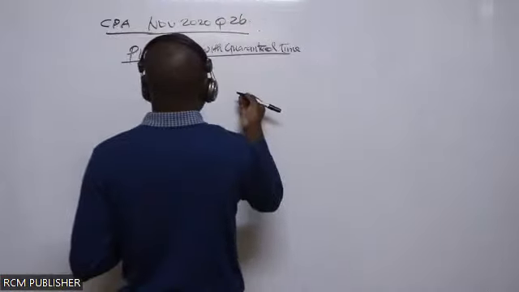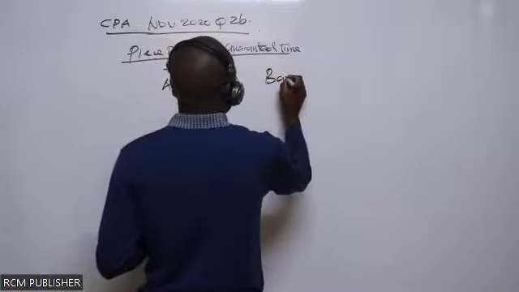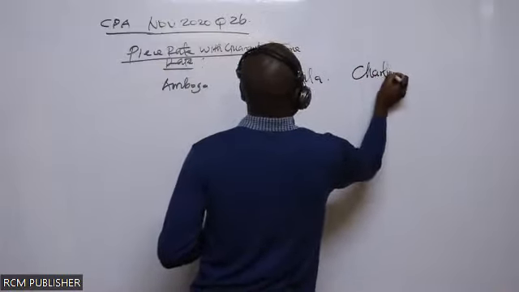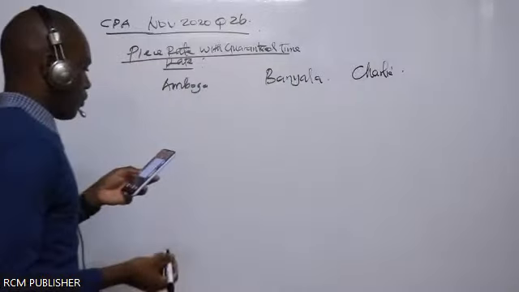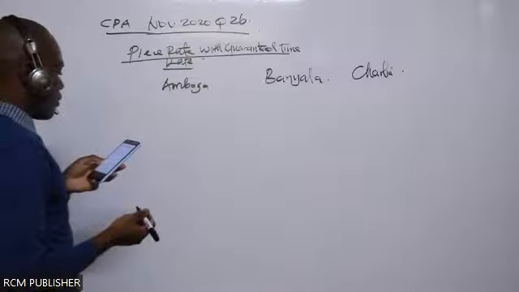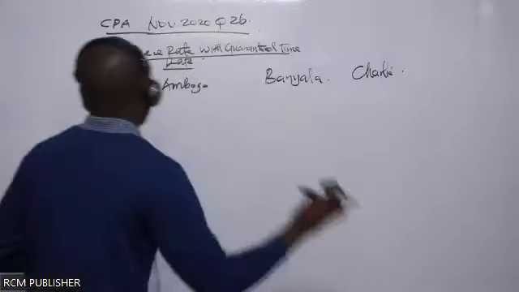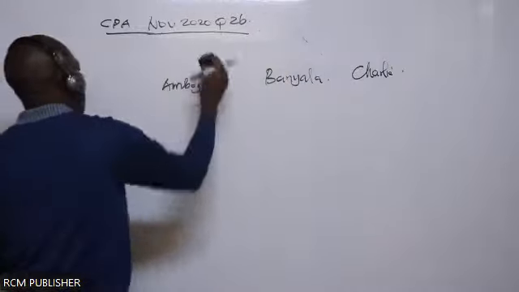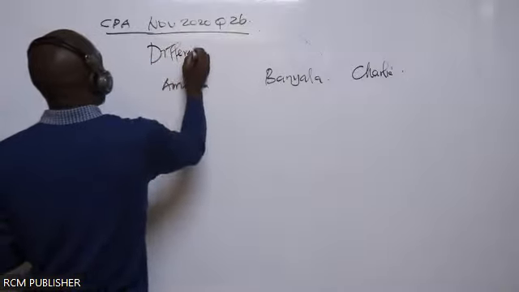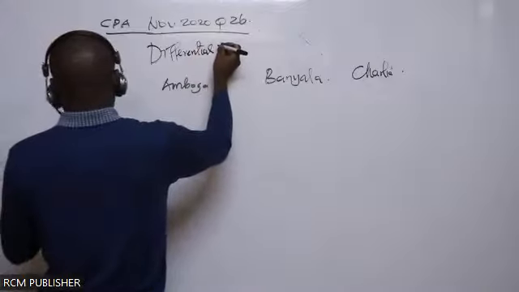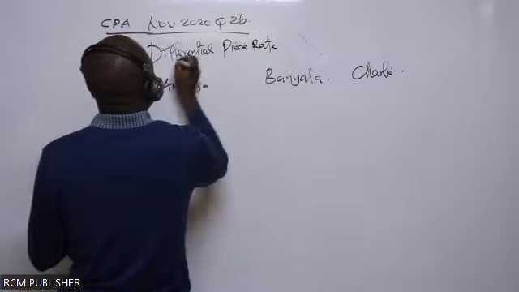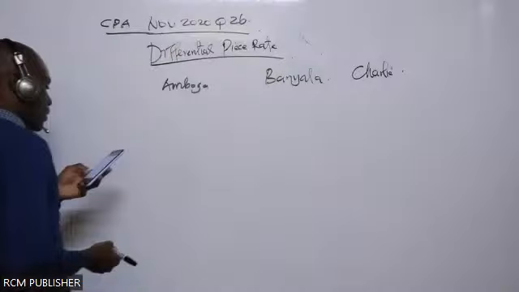So we are going to have Banyala, then Charlie. So we have this one here. Now differential piece rate. It is now not guaranteed piece rate, but here we have differential piece rate.